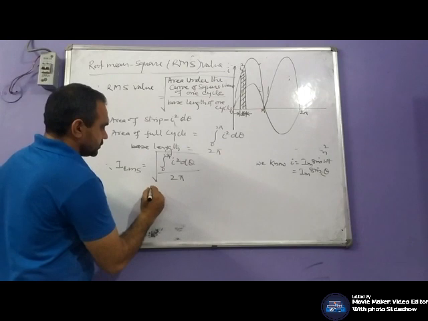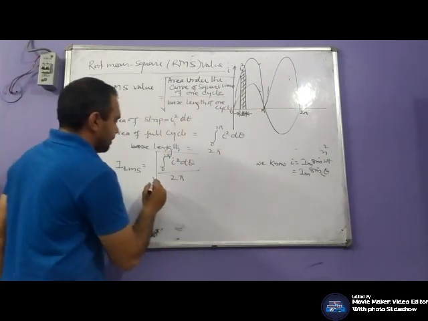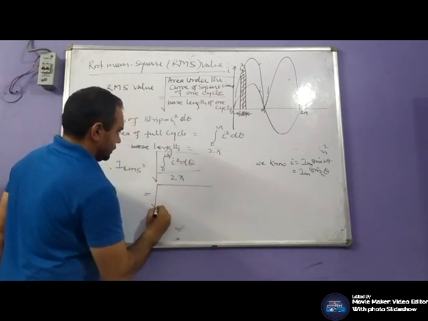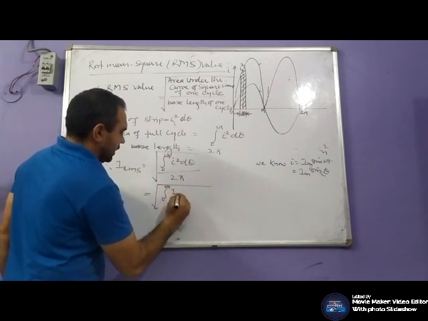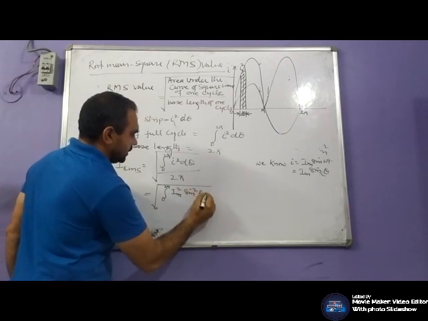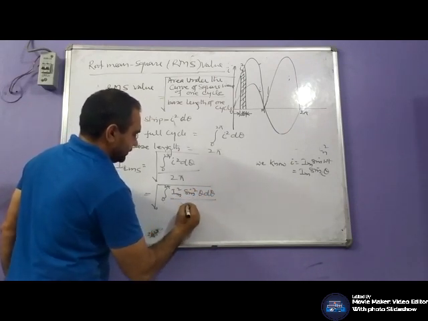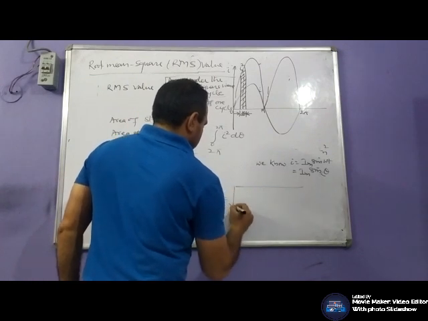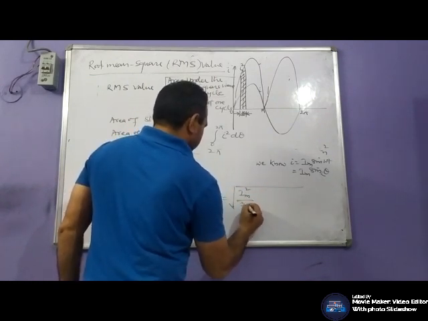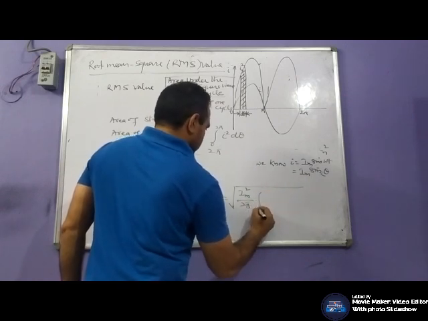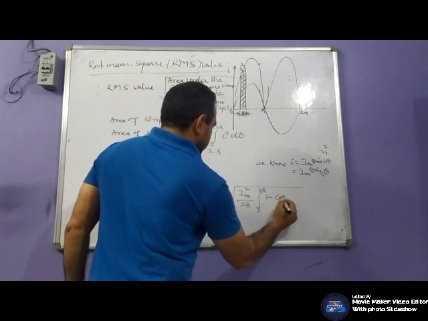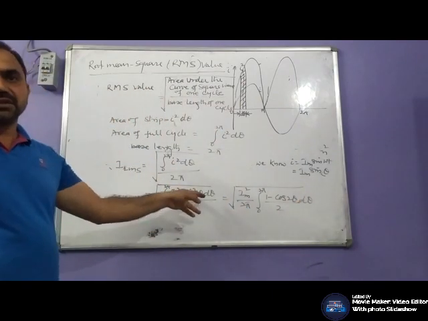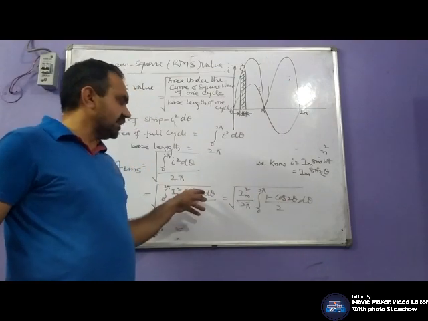So it becomes the integral from 0 to 2 pi of Im squared sine squared theta d theta, divided by 2 pi, or Im squared by 2 pi times the integral from 0 to 2 pi of (1 minus cos 2 theta) by 2 d theta, because cos 2 theta is 1 minus 2 sine squared theta.